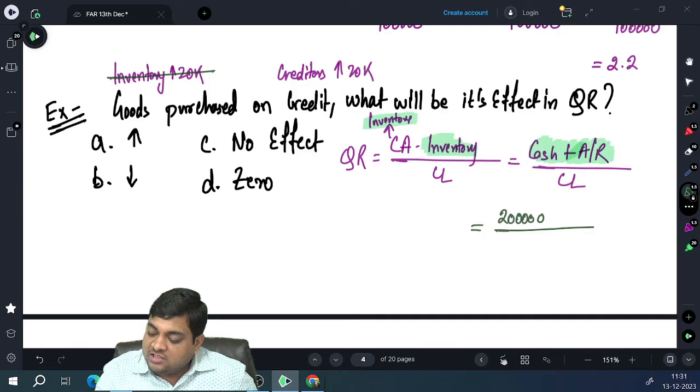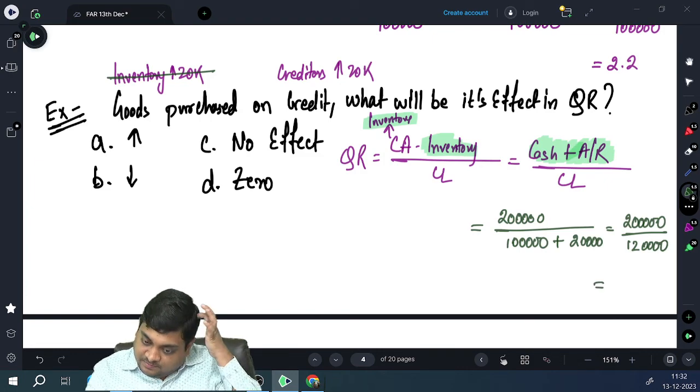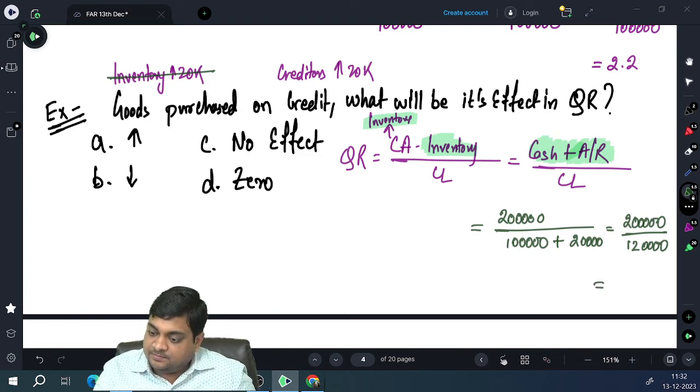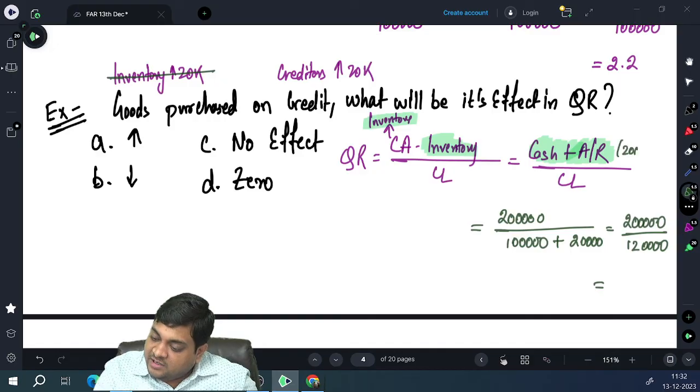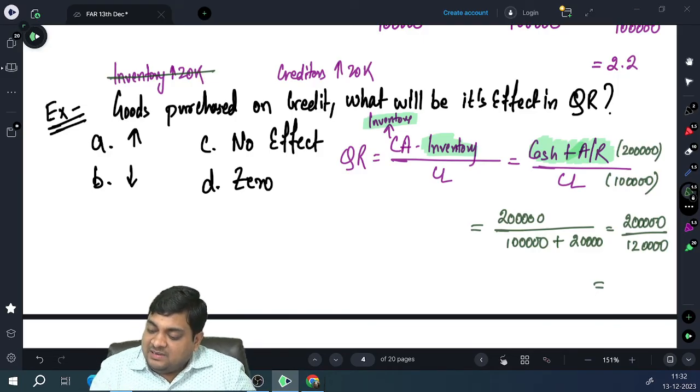So there is no change in the numerator, but in the denominator it is 1 lakh plus creditor is changing. So this is 2 lakh by 120. Assuming it to be 2 lakh cash and this is 1 lakh, it will be less than 2, right?